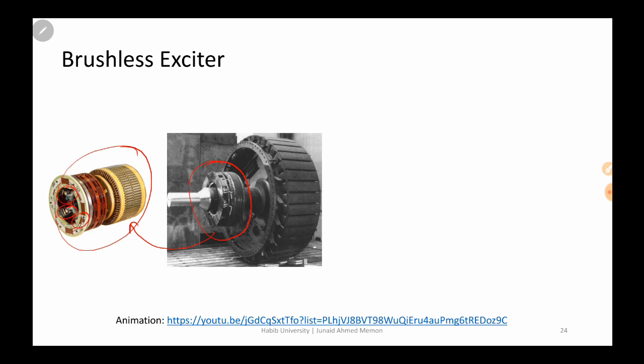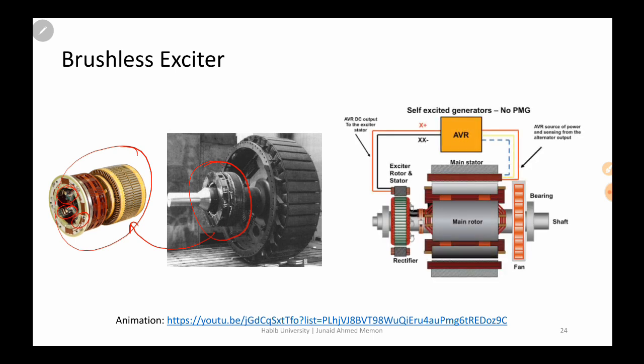If you want to see in detail how these things fit together, I've shared this animation. I'll share the animation link in the description as well, and you can access it through the PDF of the slides.